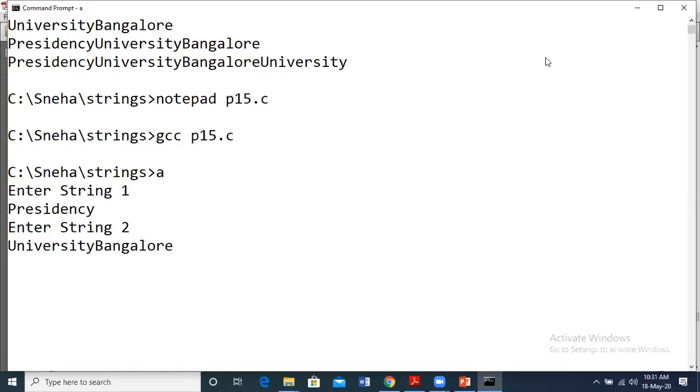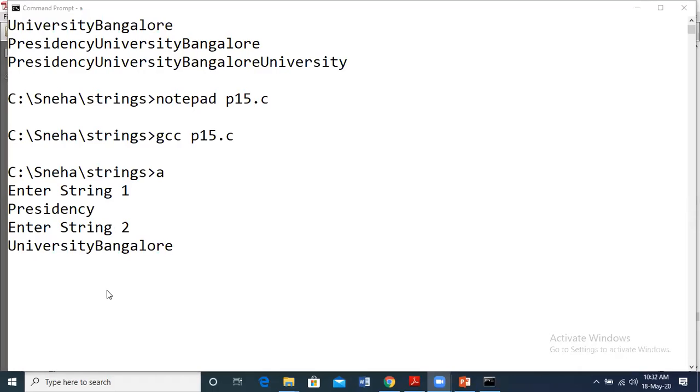What is the first output here? Presidency University Bangalore. What is the second output? Presidency University Bangalore, and then 5 letters. Yes, good.